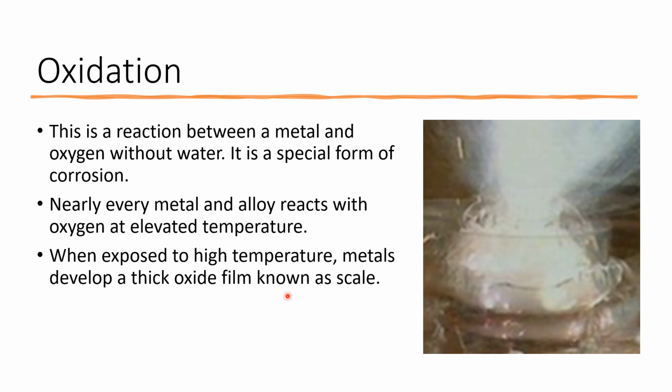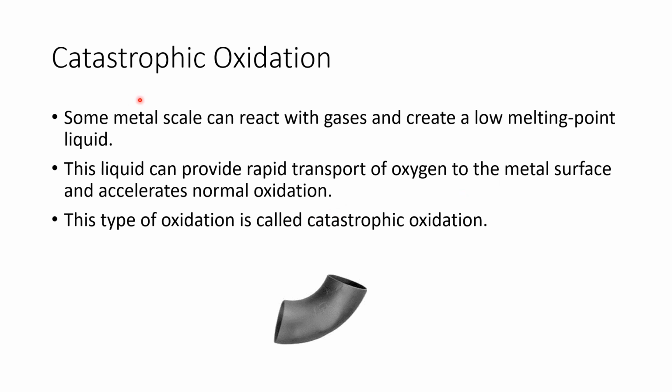When metals are exposed to high temperature, they develop a very thick oxide film from the oxidation reaction, and we call that scale, okay. In catastrophic oxidation, the scale, that little film between the metal and the oxygen, can react with gases, and then create a very low melting point liquid, okay.